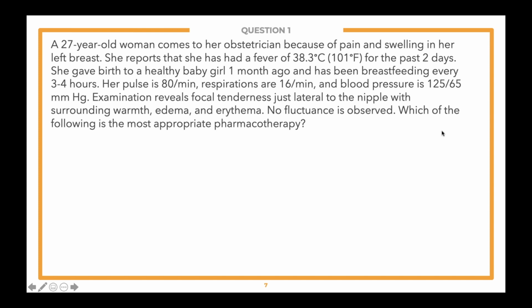After we read the lead-in, we like to ask our students how many steps they believe this question will require. An example of a one-step question could be where you're asked for the diagnosis. An example of a 2-step question could be where you're asked for the treatment of a diagnosis. And an example of a 3-step question could be where you're asked for the mechanism of action for a treatment for a diagnosis.